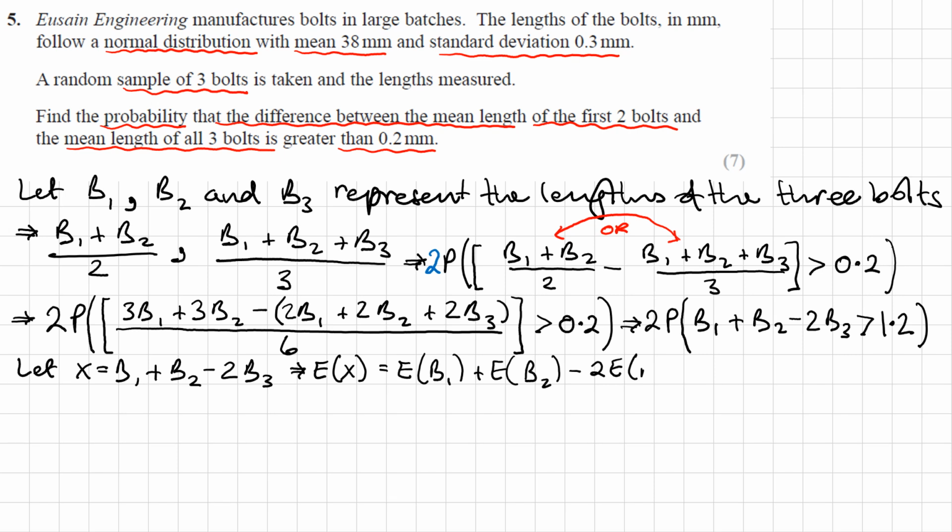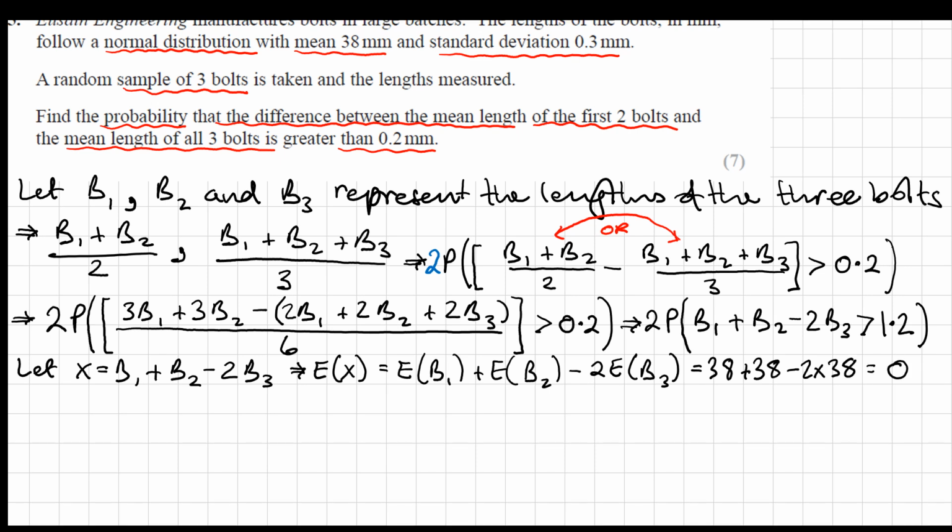They're just the standard rules for combinations of random variables. So the mean of these will be the mean of the population. So it's going to be 38 plus 38 minus 2 times 38 leaves 0. So that means that I have a value of E of X equal to 0.